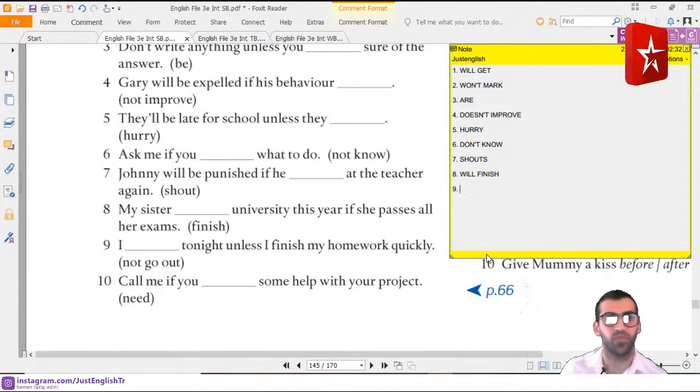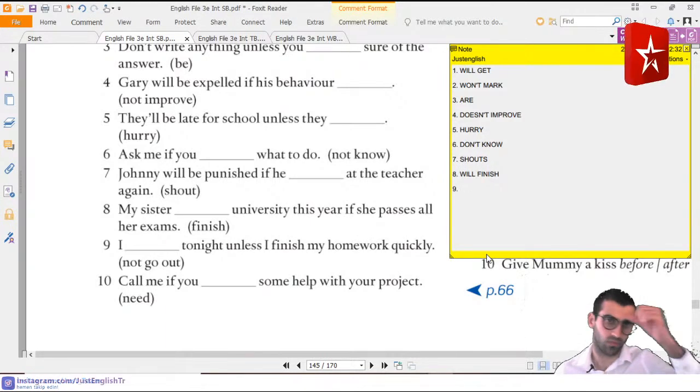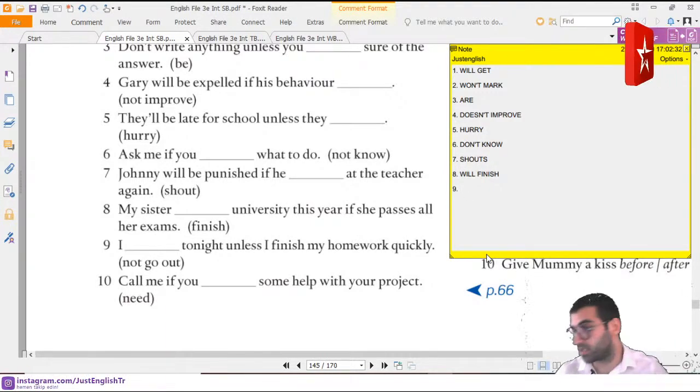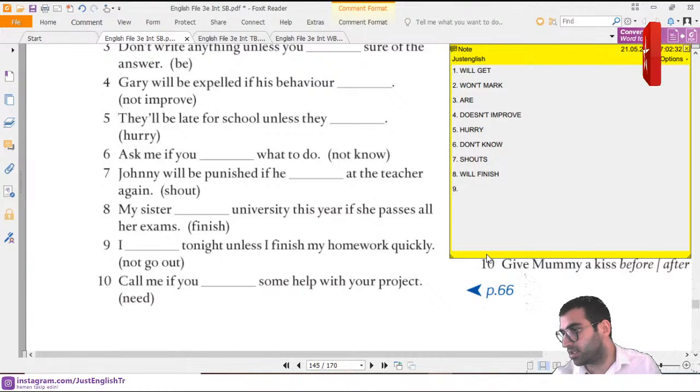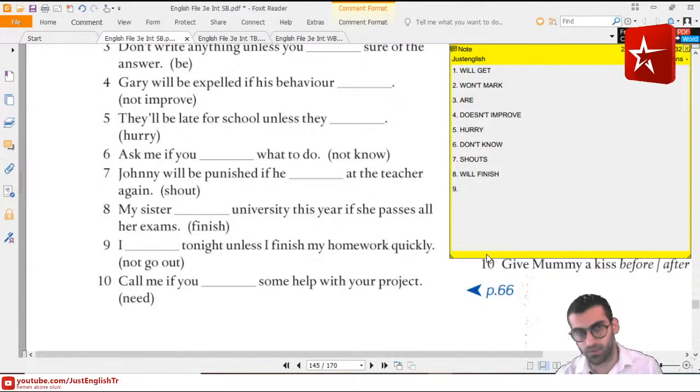Number 9. I blank tonight unless I finish my homework quickly. So that is the good sentence, and I will be waiting for your answers for number 9.